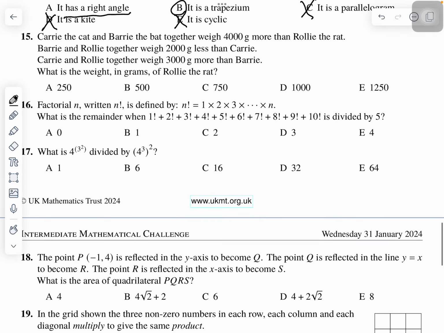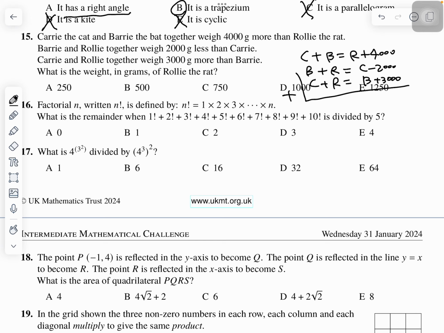15. Carrie, Barry, Rolly, 4,000. Barry, Rolly, Carrie, 2,000. Carrie, Rolly, more than Barry, 3,000. So let's put them together.